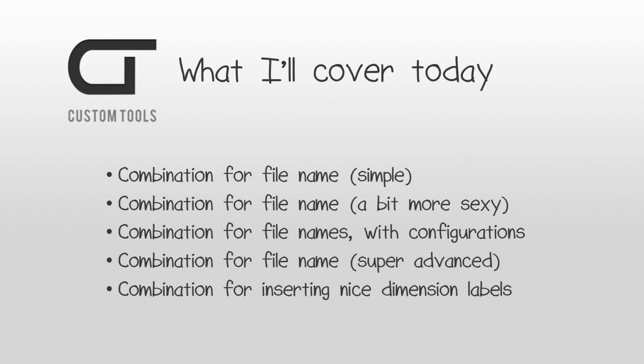So today I will cover these topics. I have simple file naming using a bit of formatting in the combination. Then I'm going to use a drop list in combination, and actually it's a key list which we already covered in one of our previous webinars. Combine and use the configuration name in the drawing file name.